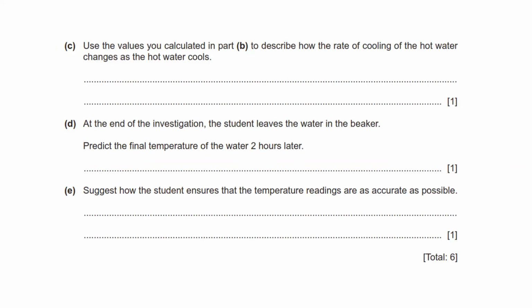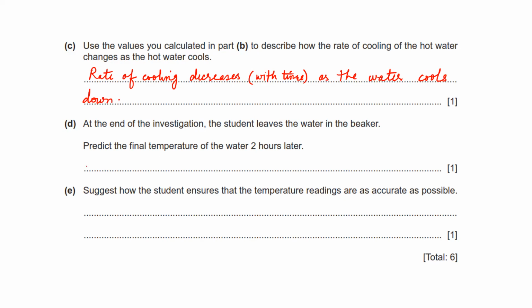Then part C, it says use the values calculated in part B. Describe how rate of cooling of hot water changes as the hot water cools. So rate of cooling decreases as the water cools down. Remember, we are talking with time as the water cools down.